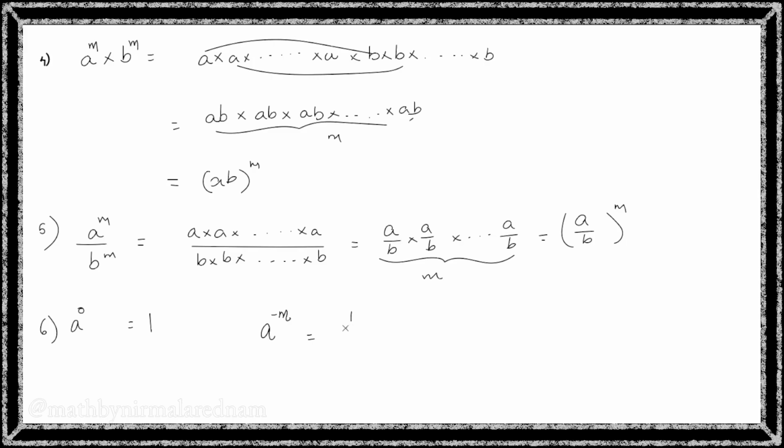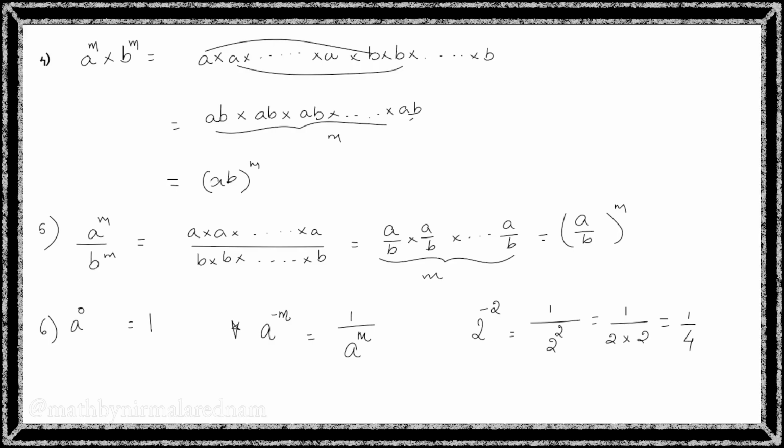This notation is nothing but 1 by a power m. So for example, with 2 raised to minus 2, how can I multiply 2, minus 2 number of times? That's not what it means. What it means is you're going to have 2 raised to 2 in the denominator, right? So this is one more thing that you need to remember along with the 6 laws of exponents.